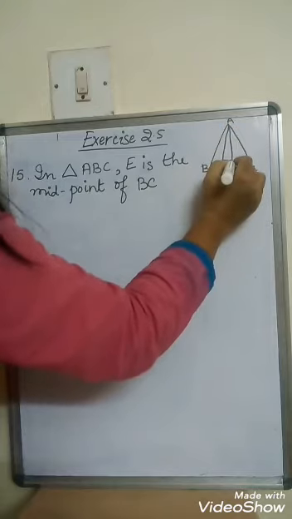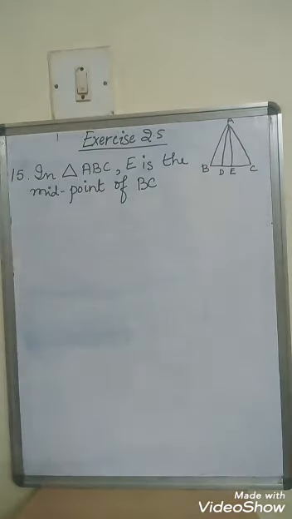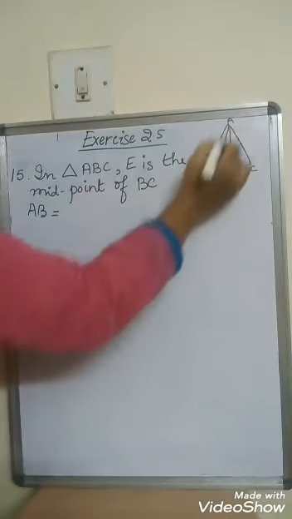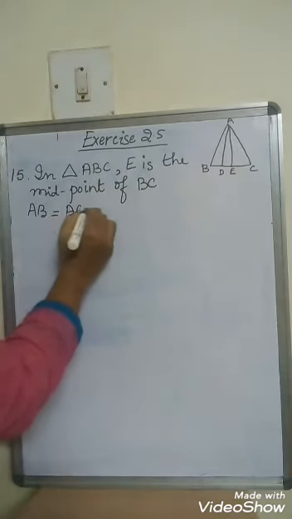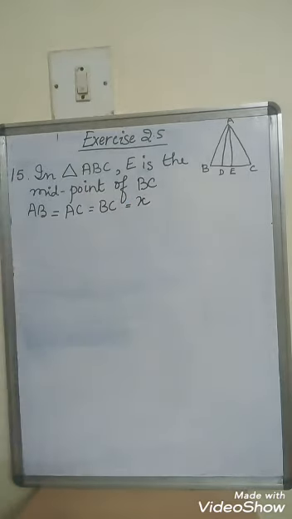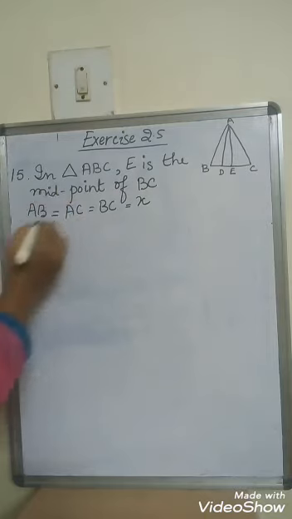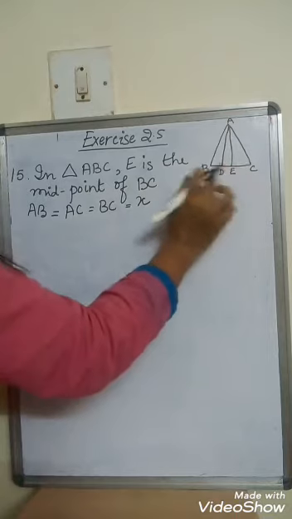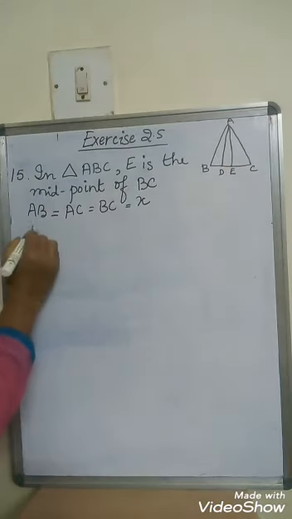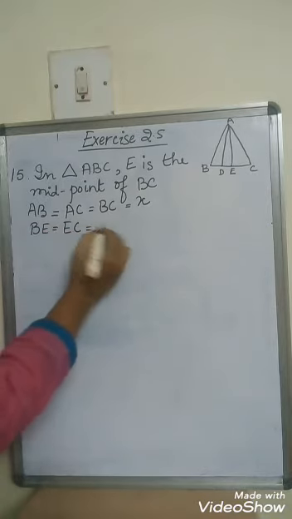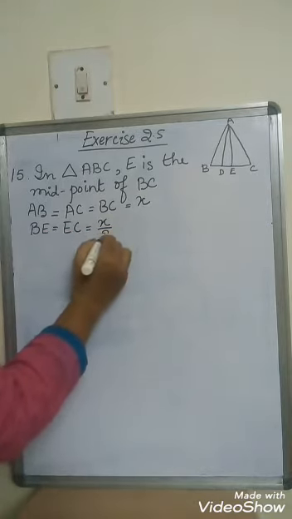Now AB is equal to AC is equal to BC is equal to X. Next we take BC. BC is divided into two parts, BE and EC. So BE is equal to EC is equal to X by 2.